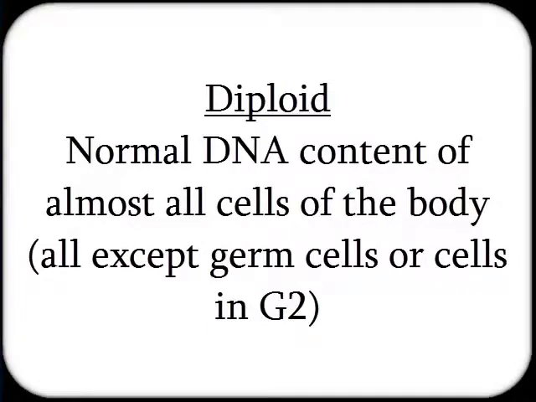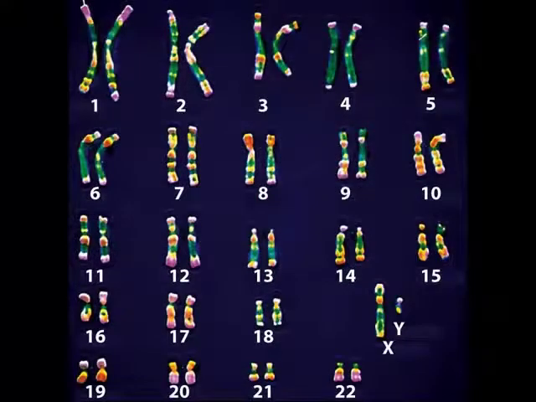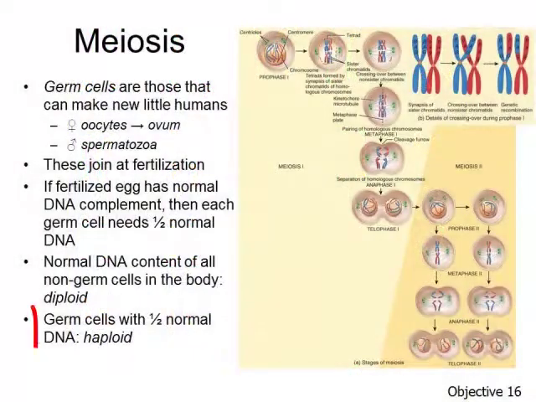Recall earlier we said the normal DNA content was 46 molecules of DNA: 22 chromosomes, so 2 copies of each, that makes 44. And then the sex chromosomes, X and Y, 2 plus 44 is 46, or X and X plus 44 is 46.